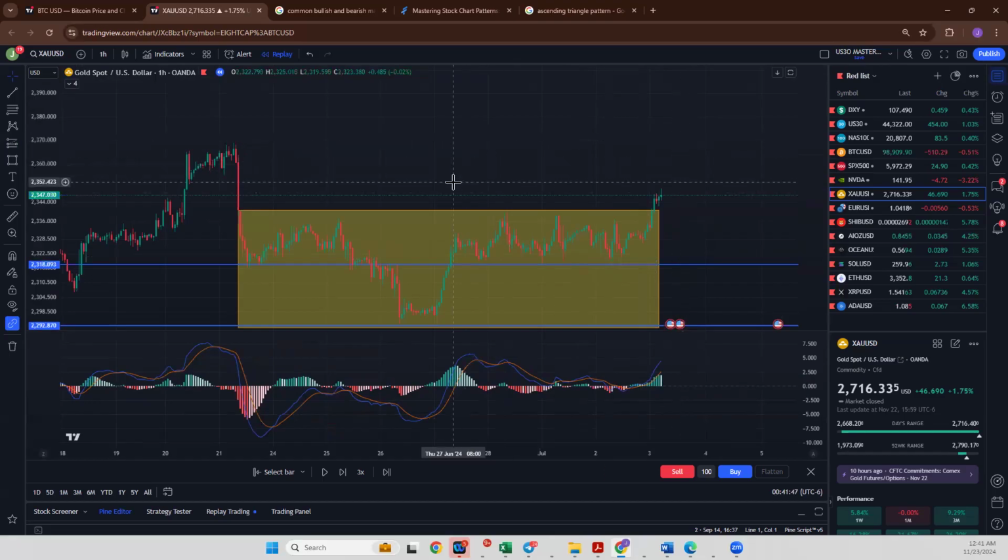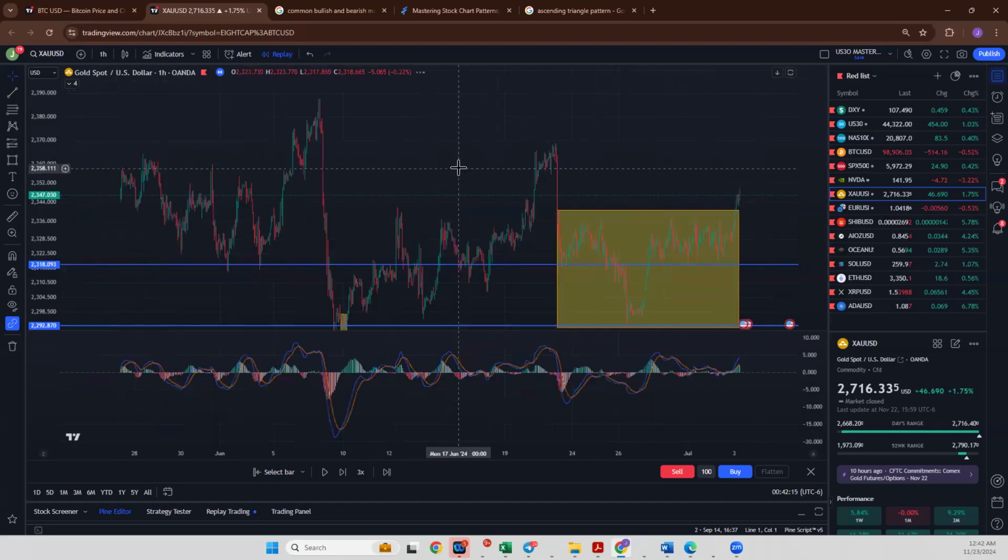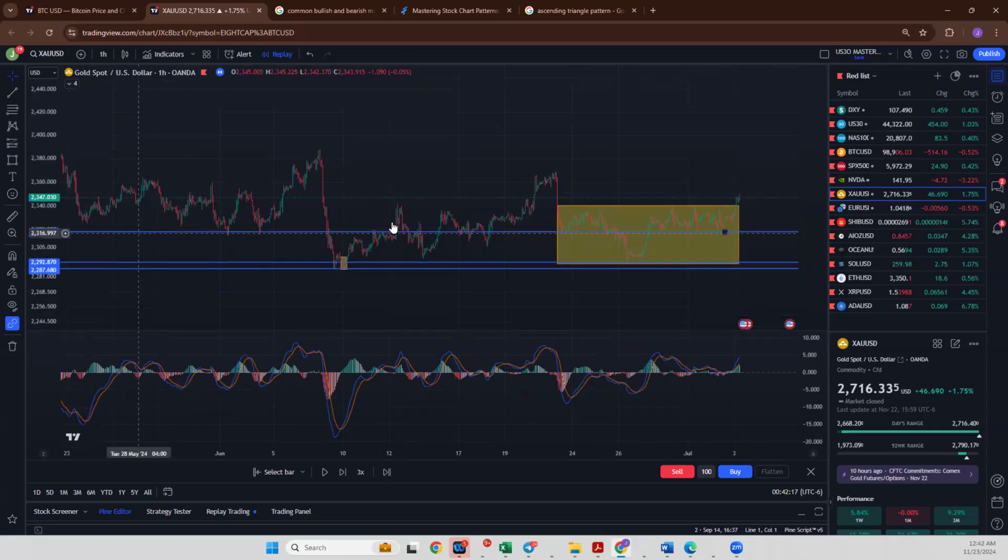And we get it to take off. So I guess what I'm trying to get at is when you combine being able to identify market structures with just basic support and resistance, and then you also bring in tools to help you gain more confidence, like using the MACD or an RSI or some type of momentum tool that's going to help you gauge the strength of that signal, you become pretty dangerous pretty quickly.